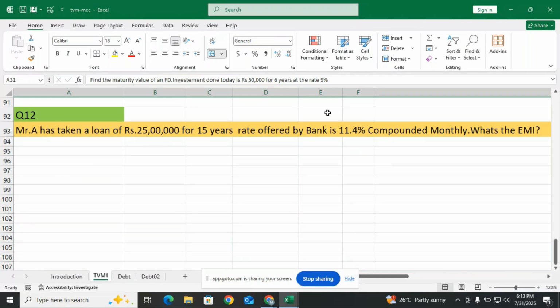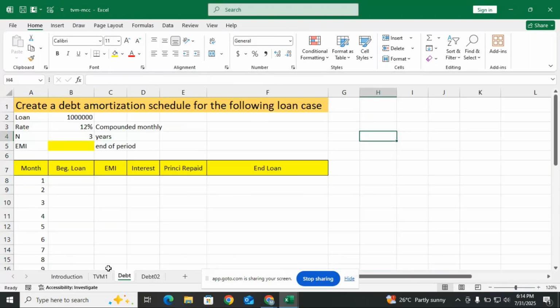The rate offered by the bank is 11.4%, compounded monthly. So what is the EMI per month to be paid from my pocket? This was calculated in the last class. On the same base, here we are going to build the schedule.